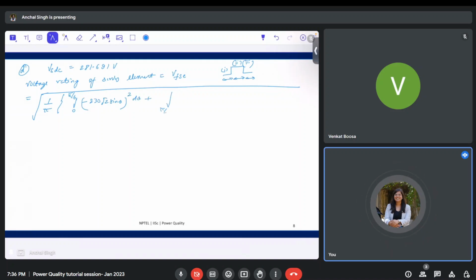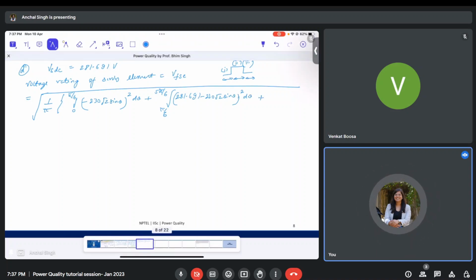Then from pi by 6 to 5 pi by 6, the peak amplitude is 281.691 minus 230 root 2 sin theta square d theta.